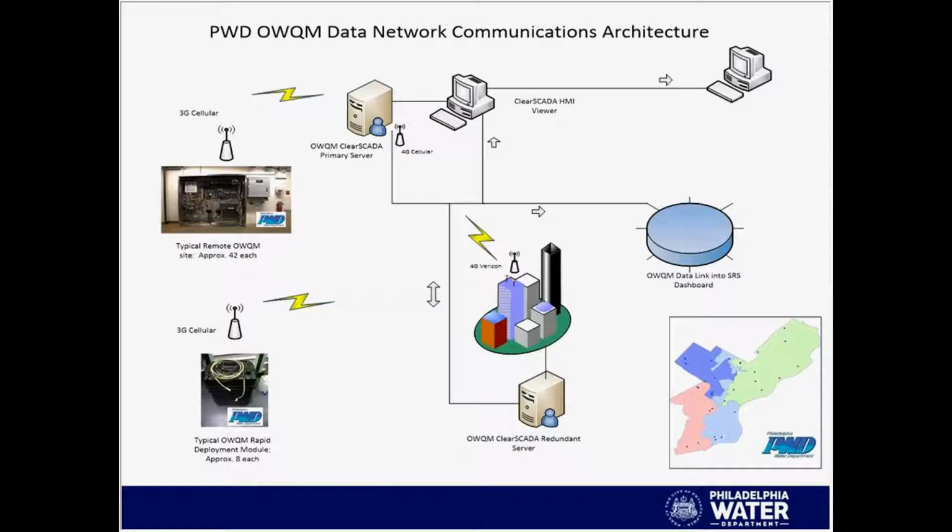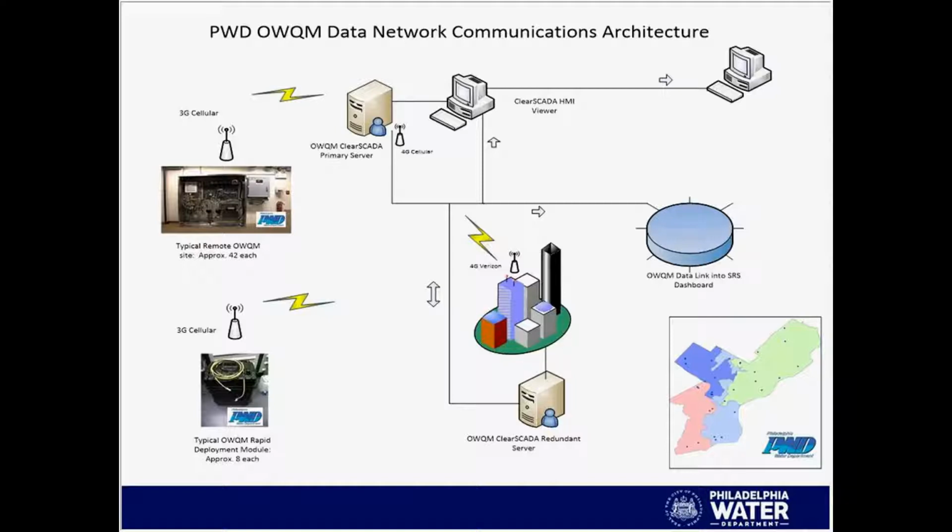This is an overview of our data communications network. It's a generic version for security reasons. I didn't list everything, but essentially, on the left we have a typical fixed monitoring station. On the lower left is our rapid deployment. Rapid deployment modules are outfitted with 3G modems, so we can deploy them anywhere in the city and link into our system.